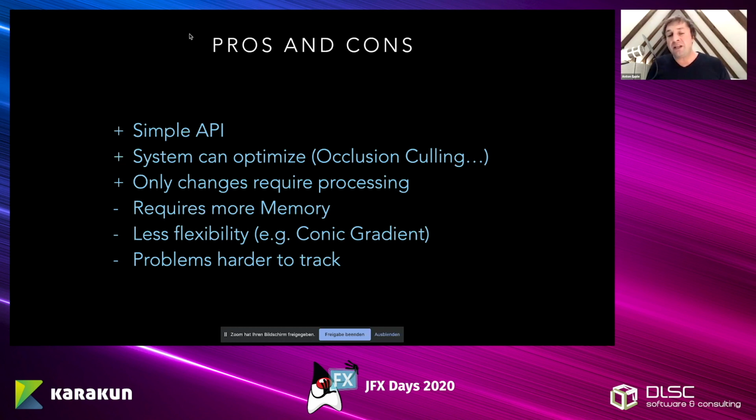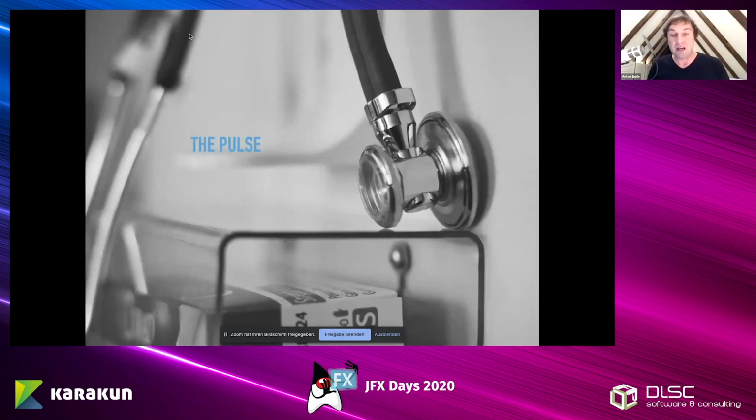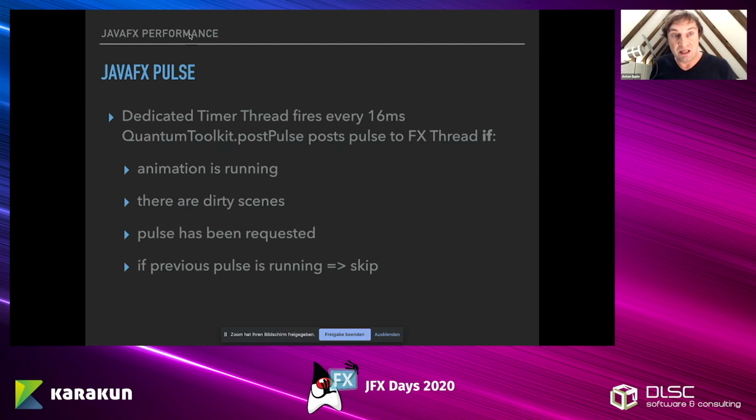But what is really a little bit more difficult is when you have performance problems. They are slightly harder to track than in other frameworks. So, to understand what is actually happening and how we can get to the relevant information, I would like to introduce how the pulse of the application is working, and how the rendering pipeline is working.